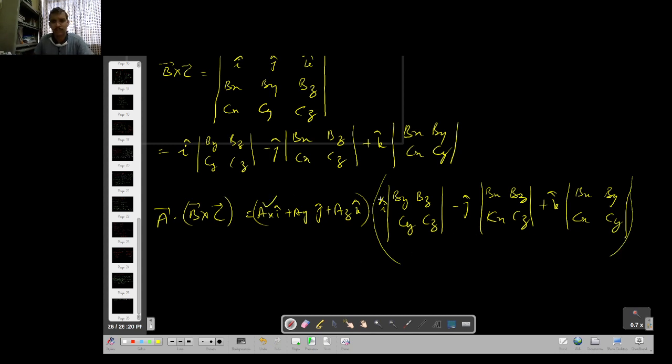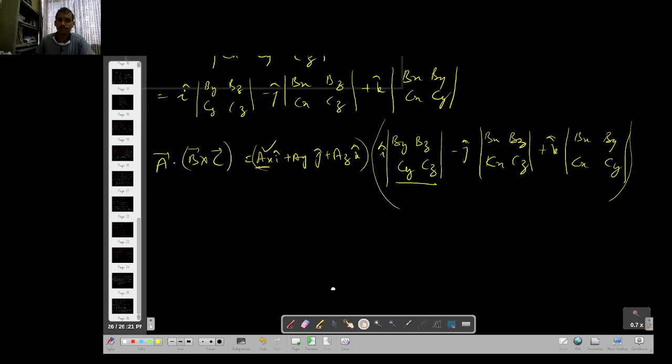Then this will sit with it, because as we know that A dot B is equal to ax bx, means x components, and then y components are put together, ay by, and az bz. So x component will sit with the x component, y with y, and z with z. So if I do this, then what we are getting?